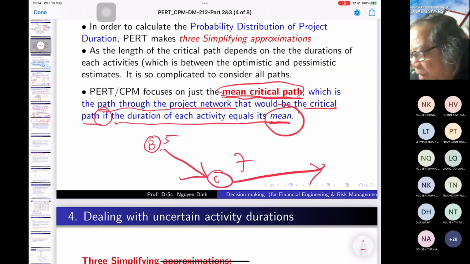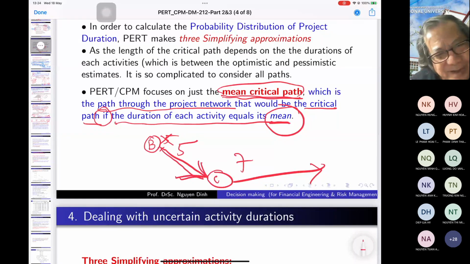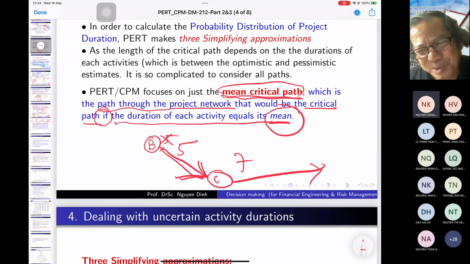So you write down 5 here, and you can consider 5 as the length from B to C. And the critical path means what? Critical path means the path from the start to the finish, and the longest one. Can you imagine? Yes. Okay.